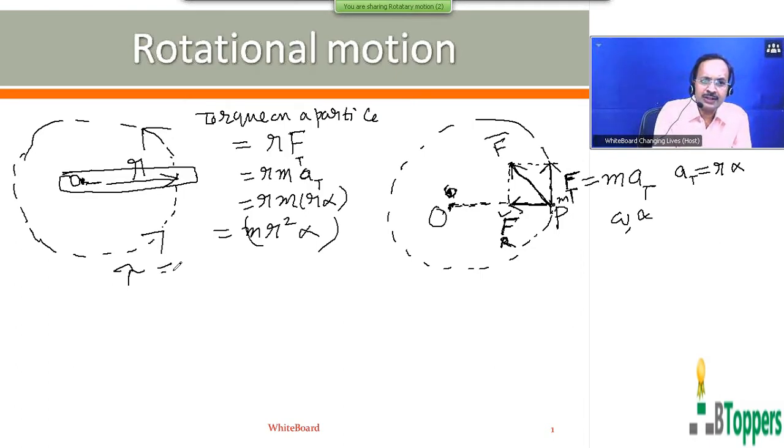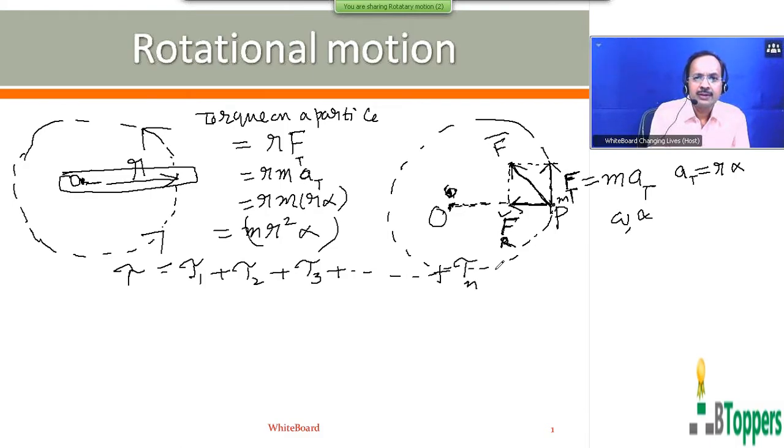So the magnitude of the resultant torque is equal to the sum of the magnitudes of the torques acting on all the particles, because for a rigid body in pure rotational motion at any particular instant, the angular acceleration alpha is the same for all the particles, and the angular acceleration of each particle will be directed along the axis of rotation in the same direction at a particular instant.